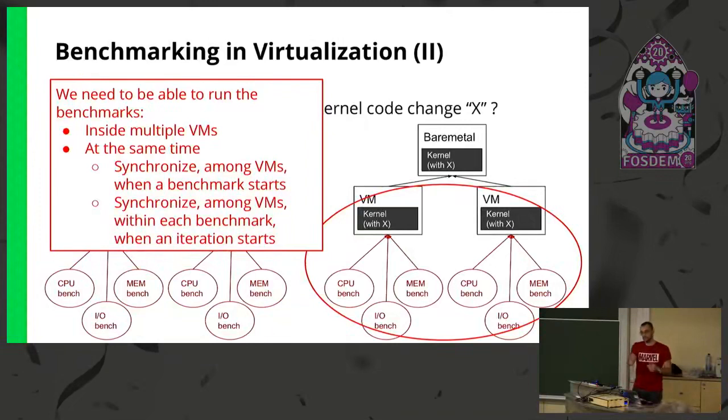And if each one of these benchmarks does, for example, multiple iterations, then also the single iterations inside the benchmark need to be synchronized. Otherwise, the results that you will get are usually not so interesting, maybe not the ones you want.